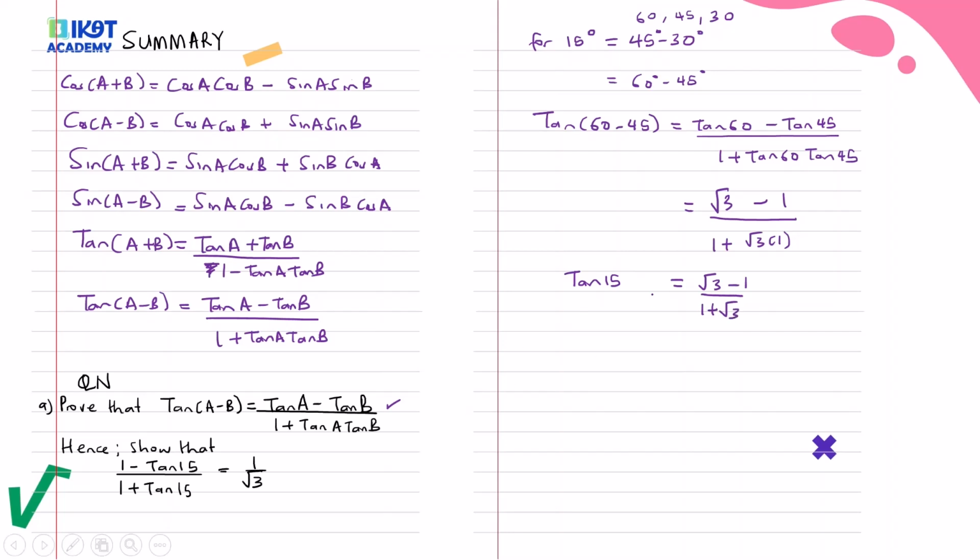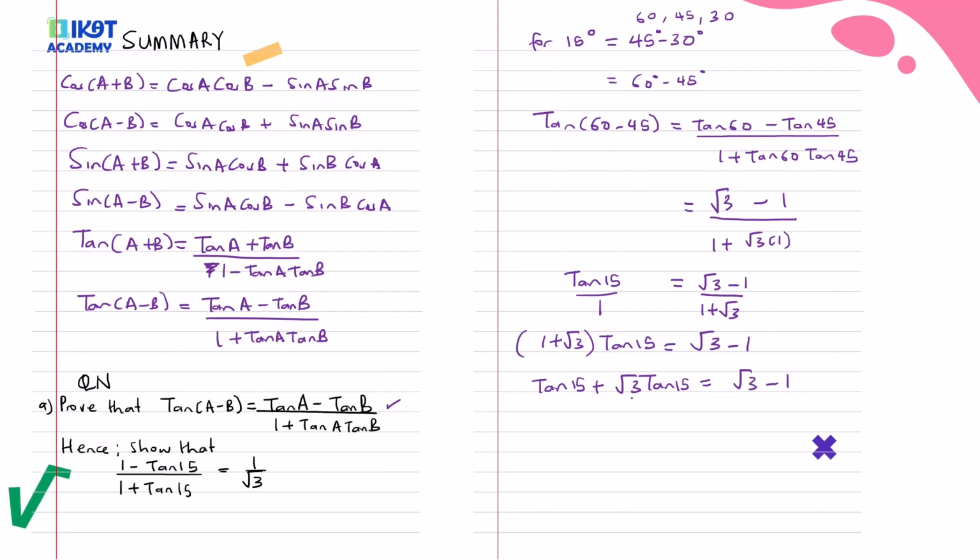Now I look at our proof. What do we have in our proof? You see, we are still very far from our proof. So I can cross multiply. We have this into tan 15 is equal to root 3 minus 1. So open this bracket, this becomes tan 15 plus root 3 tan 15, equal to root 3 minus 1.